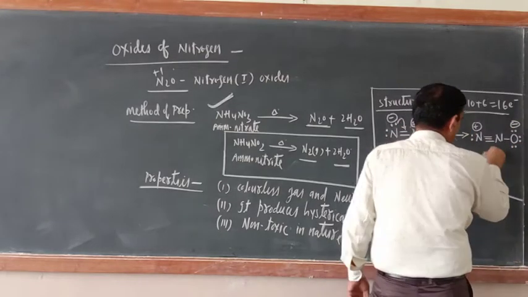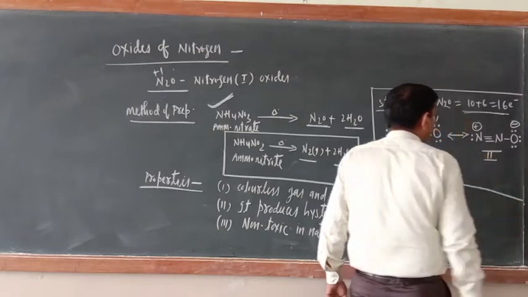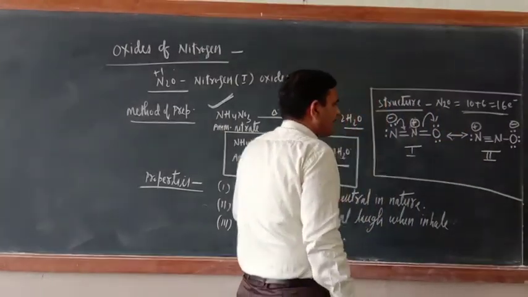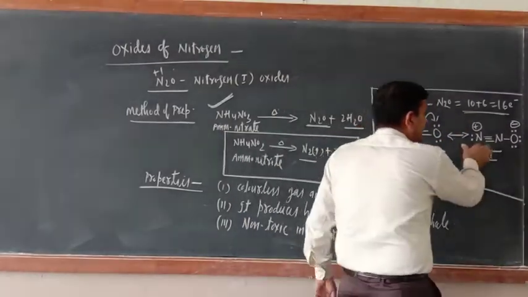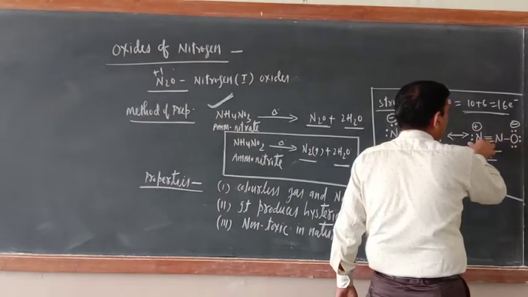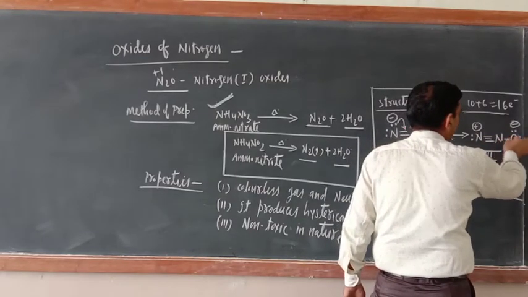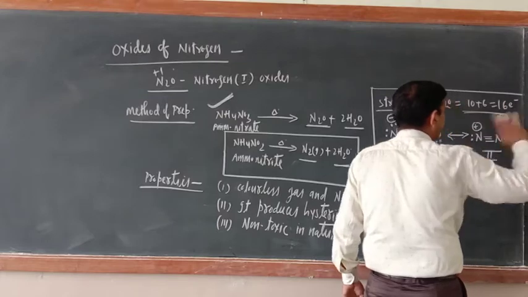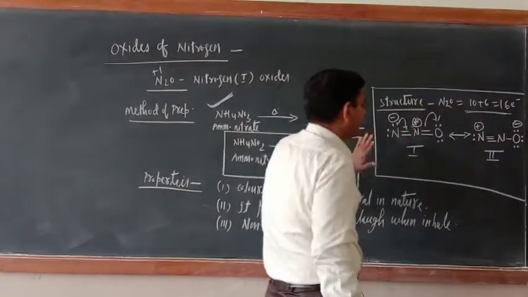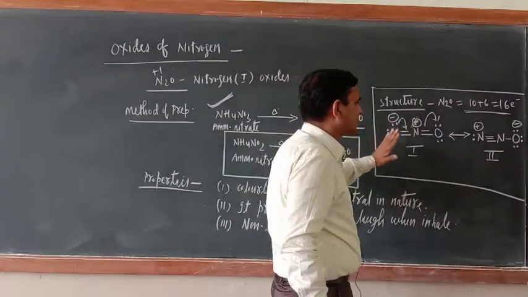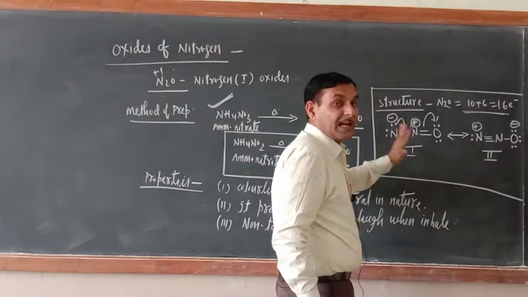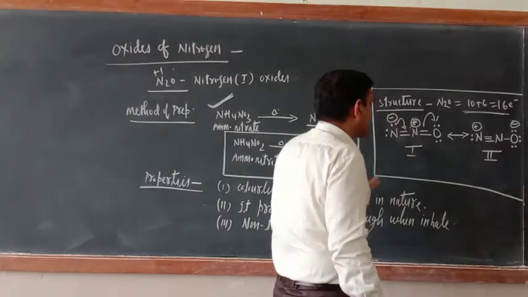Okay, so this is the second structure. Here also the octet is completed. 6 electrons to 8 electrons, 2, 4, 6, 8. Everything is completed. So these two structures are the stable and valid structures for nitrous oxide.